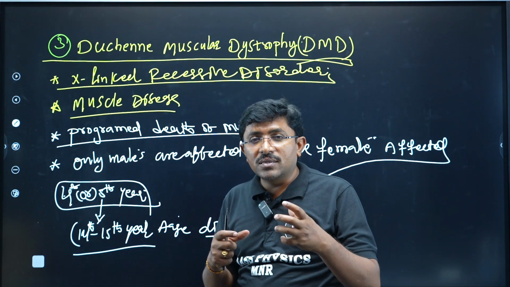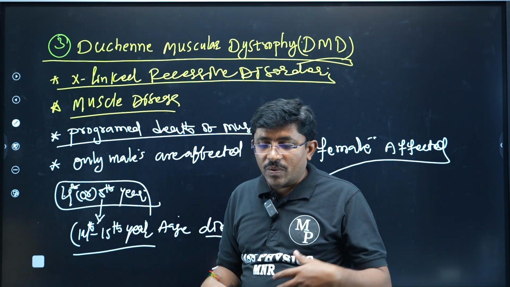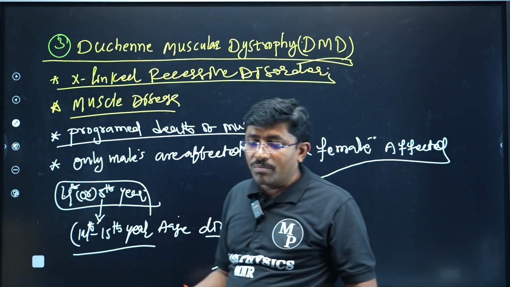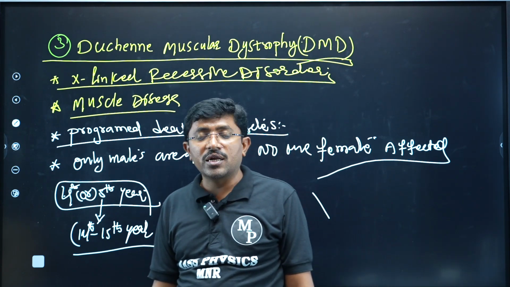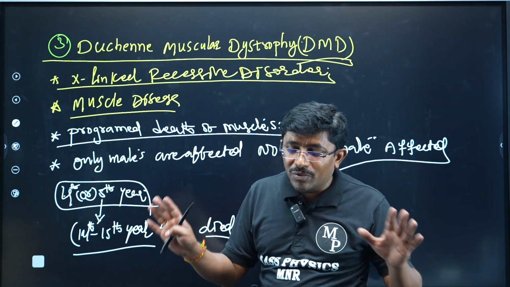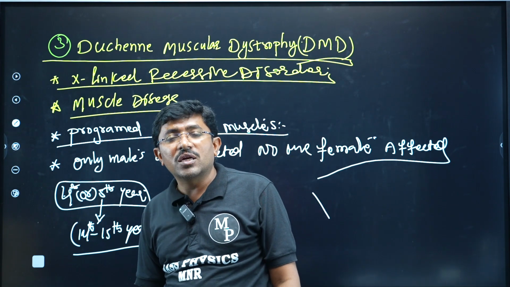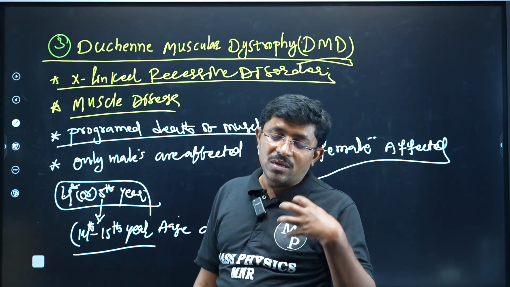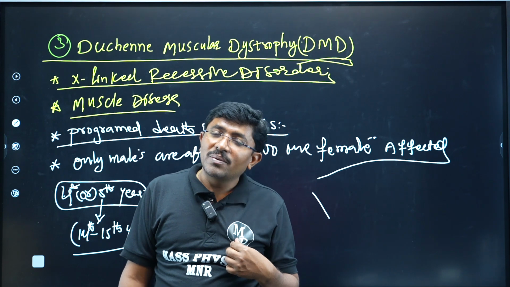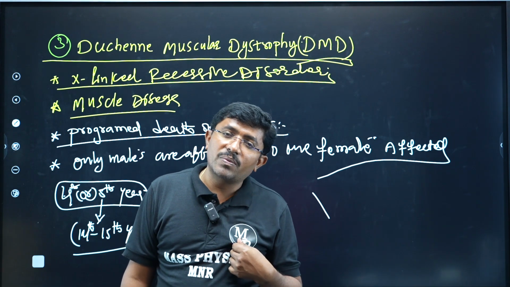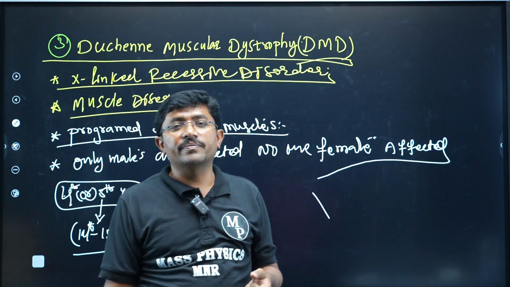The muscle functions gradually collapse. By the 10th year the person can only creep; he is not able to walk or even move the hands properly. Finally, at the 14th or 15th year, the breathing muscles also lose their function. Once the breathing muscles stop, breathing stops and the person dies.